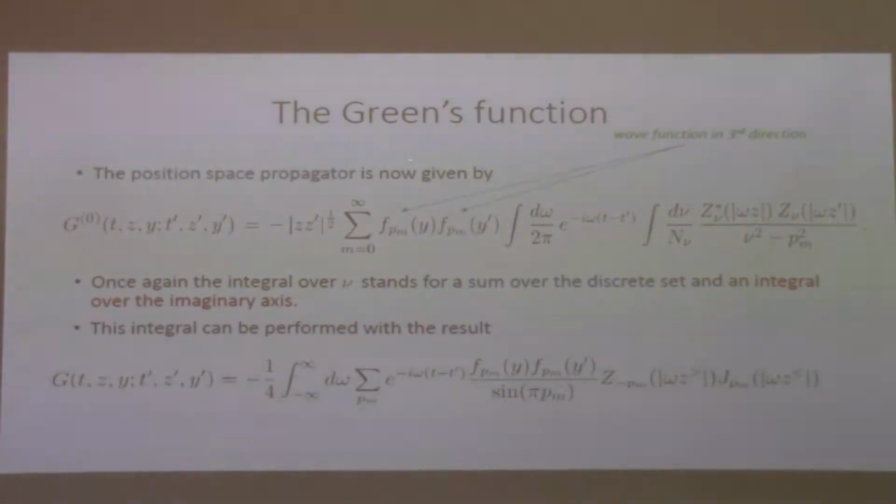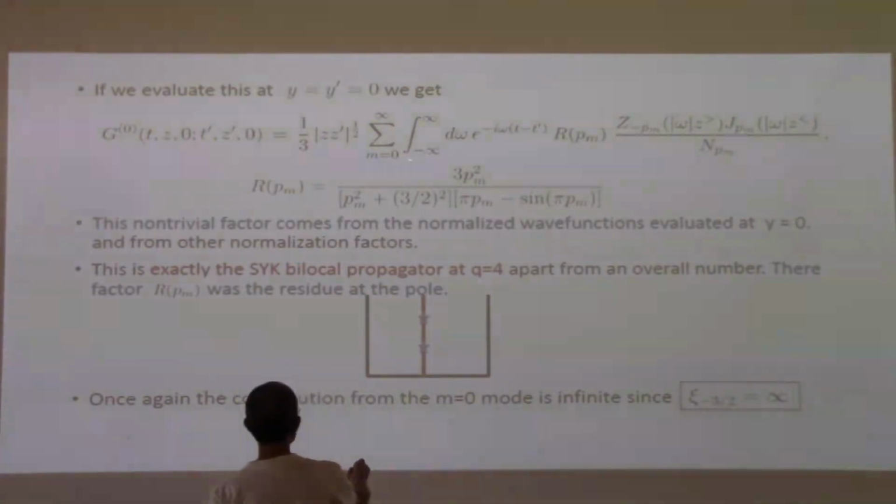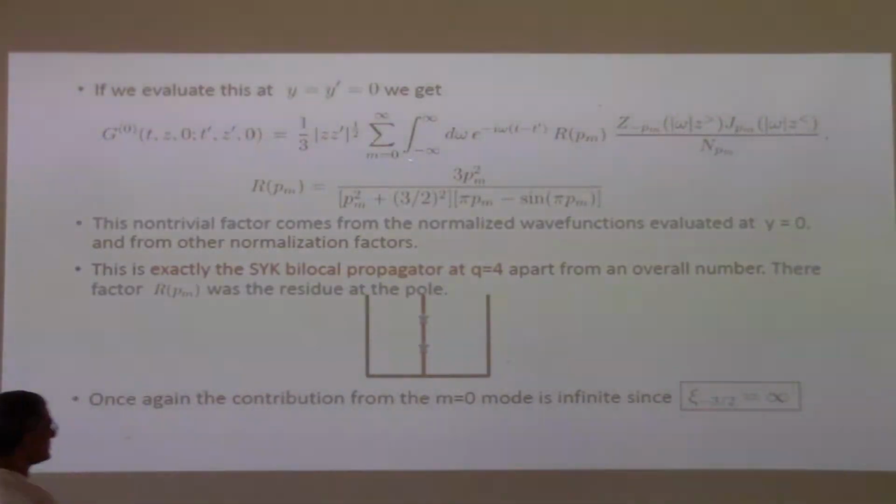So you can perform this and get an expression for this propagator. And if you compute this propagator between 2 points which are living on the center of this potential at the delta function, what you find is that it exactly reproduces that bilocal propagator which I have written down, which follows from the SYK model.